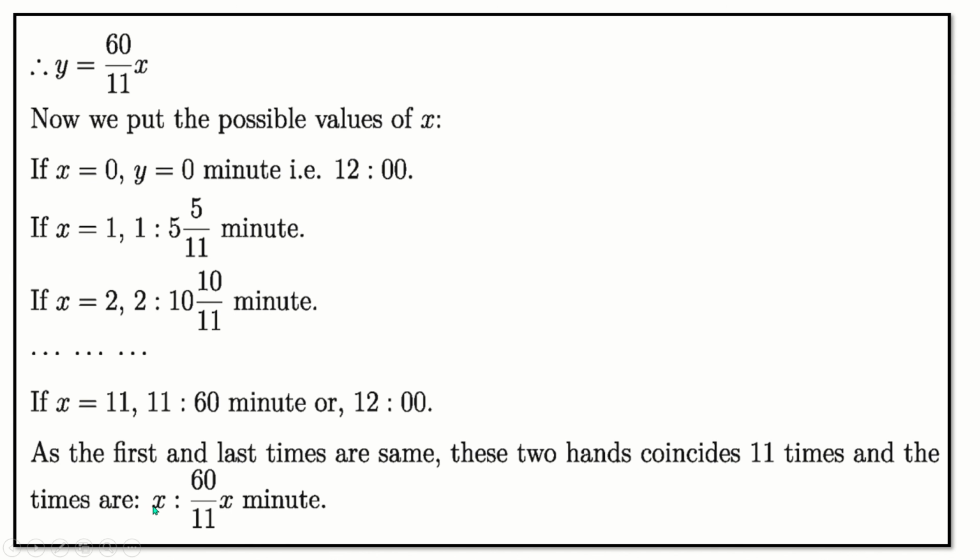And the times are 60 divided by 11 times x minutes. This is the general form. That means we can write 12 am or pm, or 1 hour 5 integer 5 by 11 minutes, or 2 hours 10 integer 10 by 11 minutes, like this way. Clear?